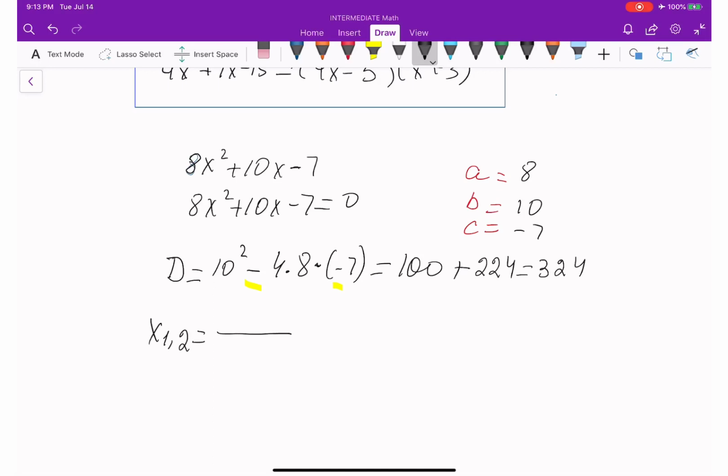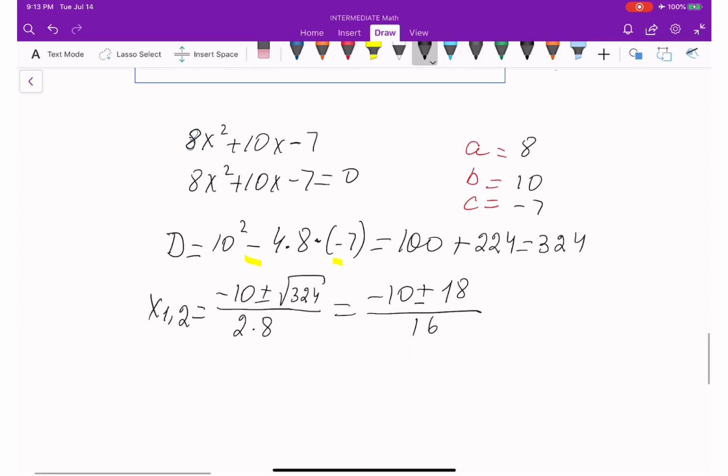Okay, next, x12. Negative b, we have 10b, that means it will be negative 10, plus minus square root discriminant, 324, and divided by 2 times 8, which will be 16. So, negative 10, how much will be square root of 324? 18 over 16.